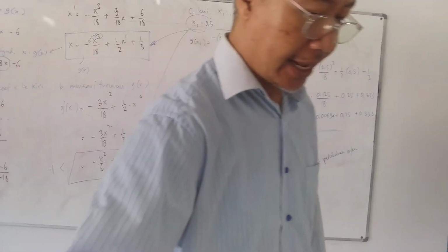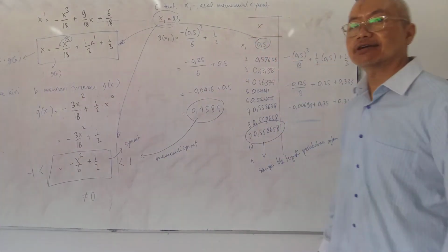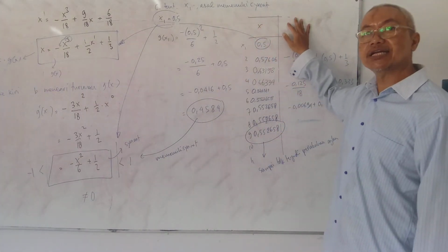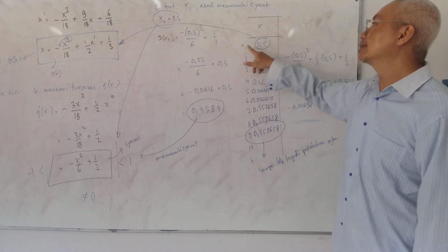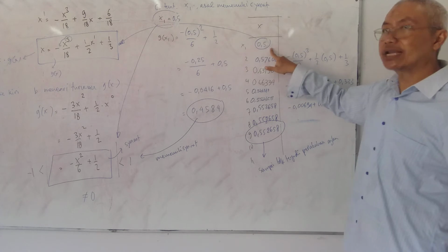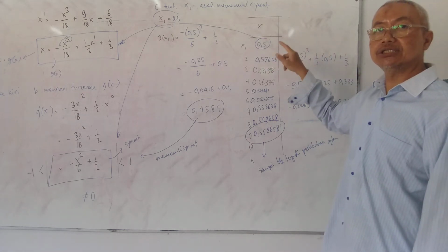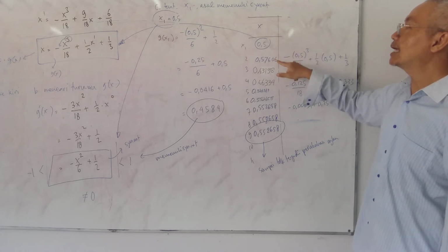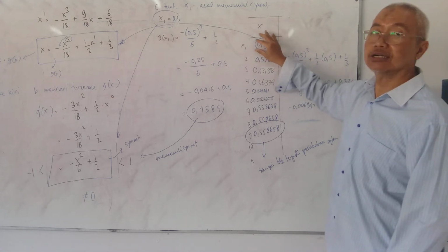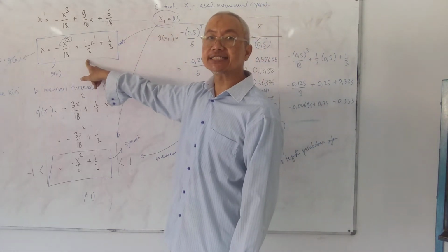And for the next calculation, we use iteration. Okay, so we make a table, something like this. We can write down x1, 2, 3, and so on. Okay, so x1 is 0.5. So we just put down how we find x2. We just put 0.5, x1, into the equation of g(x).